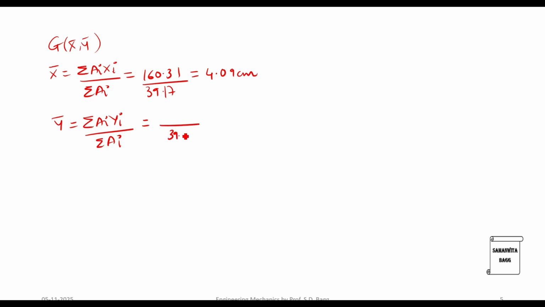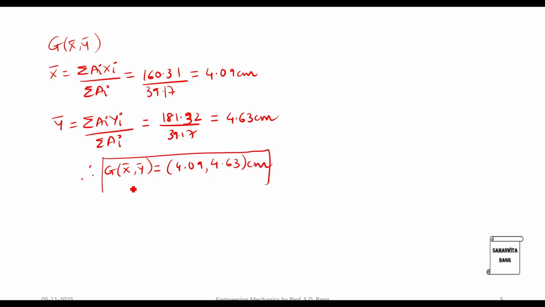This is 181.32 divided by 39.17, so this is 4.63 centimeter. So therefore, G x bar y bar is 4.09, 4.63 centimeter. So this is the final answer.